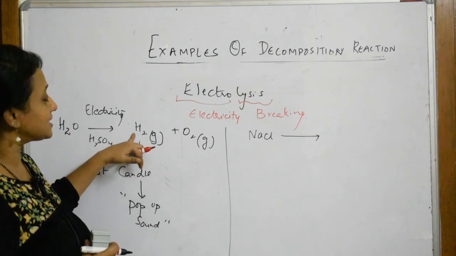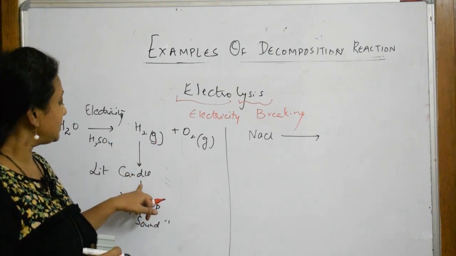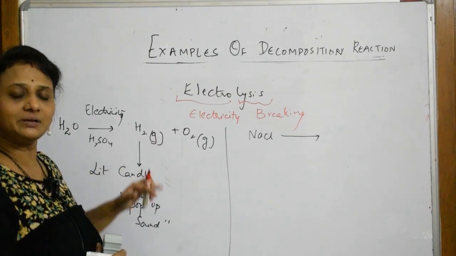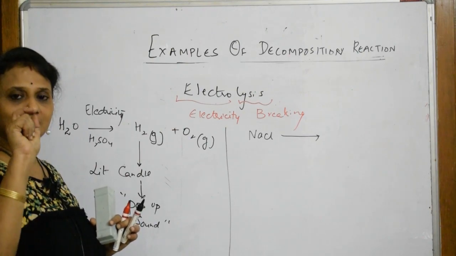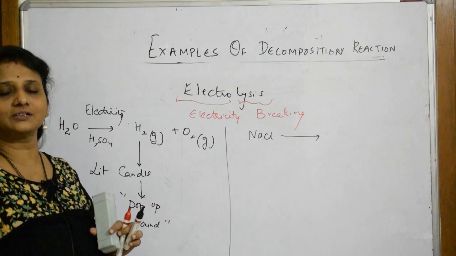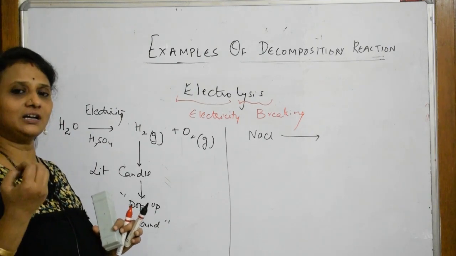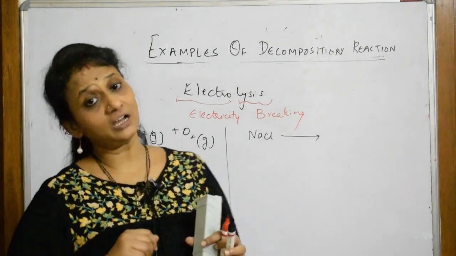So hydrogen gas can be tested using a burning candle. When the burning candle is brought near hydrogen gas, immediately the flame gives a pop sound. Like a popcorn sound. That is the indication for hydrogen.